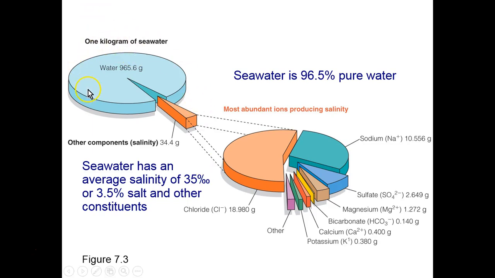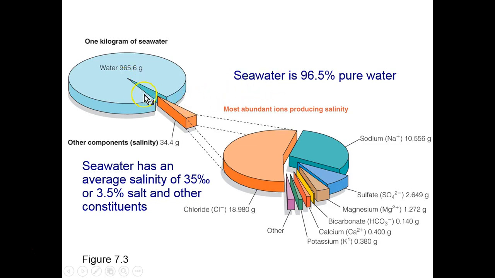So up here on the upper left, we have a sample of seawater. We have a 1,000 gram sample of seawater. Of that 1,000 grams of seawater, 965.6 grams is pure water. Okay, so seawater is 96.5% pure water.